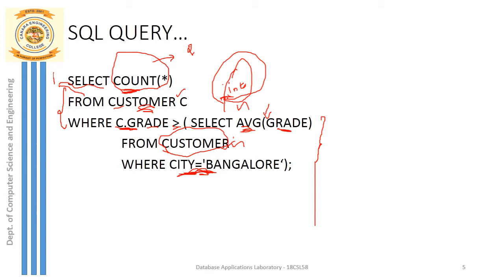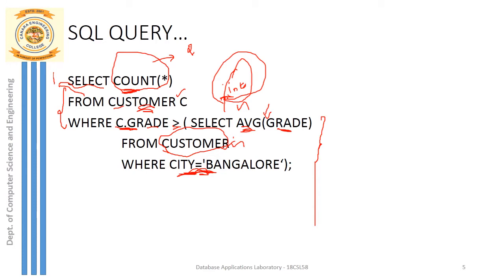Because you are counting now in the customer table, counting the customers in the customer table, right? And now what should be the condition that you are checking here? In the question they have told you have to count the customers whose grade is above the average grade of Bangalore city, right? So here the grade of each customer you have to start comparing now. So C dot grade, C is the alias used for this customer table.